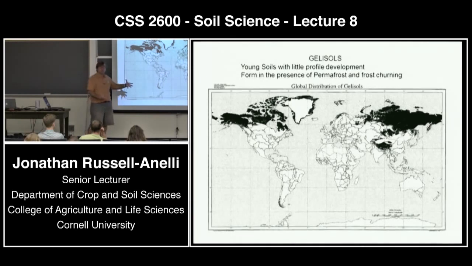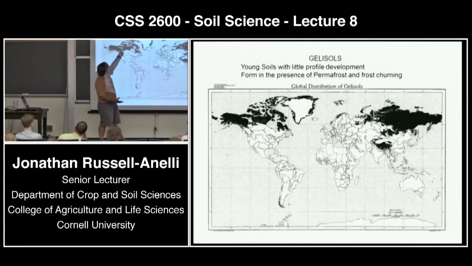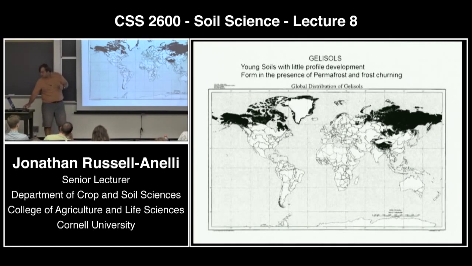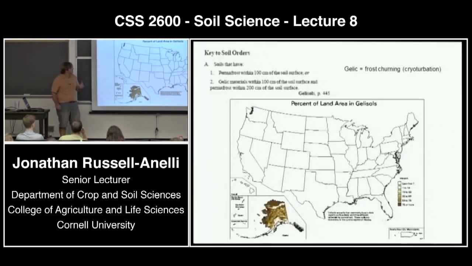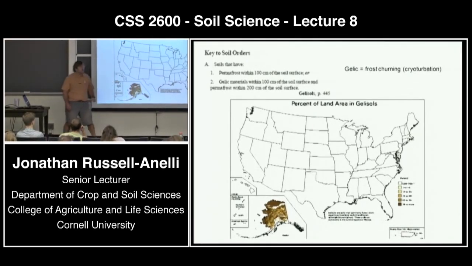Say, gelisols. Do you guys remember what the diagnostic feature for gelisols is? Frost turning, cryoturbation. So where are they distributed? Those high elevations where the frost is, where the permafrost is. This is the United States. We're looking at Alaska. This is where they are.